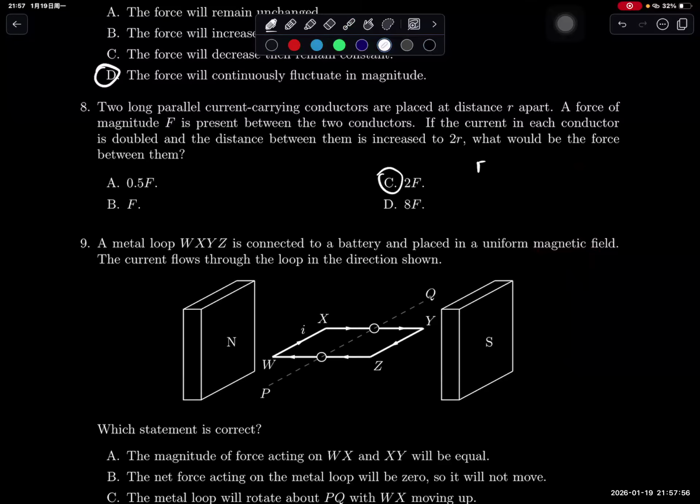We know that F over L equals a constant times current 1 times current 2 over the distance, I'll use r. If I double the currents, I get multiplied by 4 on the top. If I double the bottom, I get multiplied by 2. Together it becomes multiplication by 2. So it's 2F.